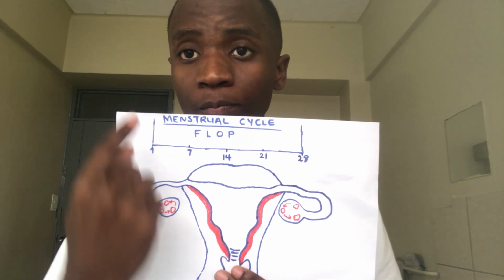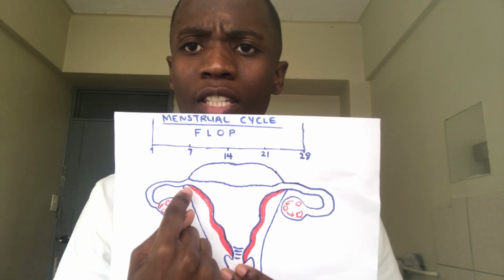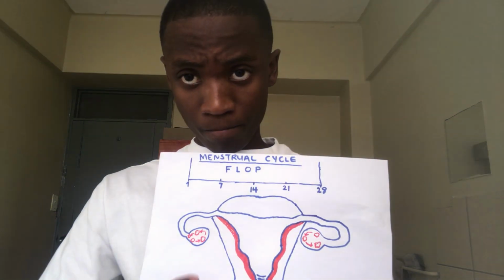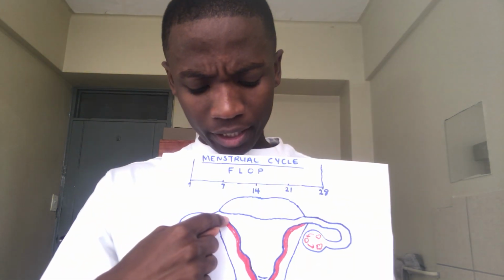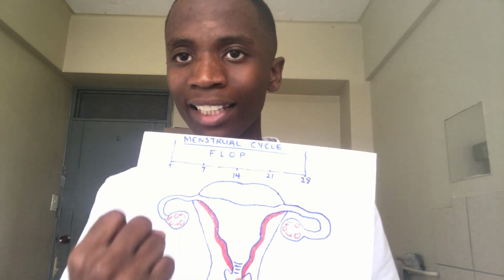In this day 1 to day 7, what happens in the endometrium wall? Guys, this is the endometrium wall, and this is the ovary, as you can see. In the endometrium wall from day 1 to day 7, there is the process that we call menstruation, the breaking down of the inner lining of the uterus, which is the endometrium wall, the peeling off of the membrane of the inner lining.